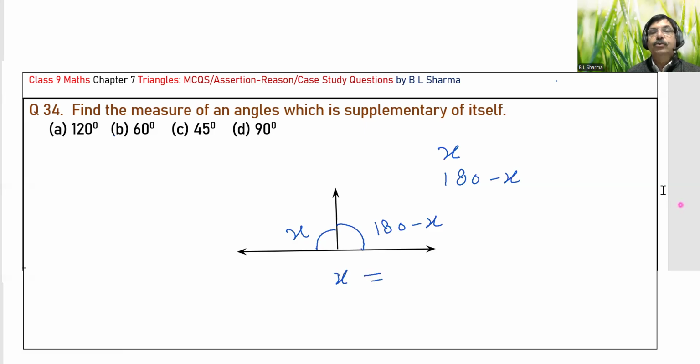So x is equal to 180 minus x. Twice of x is equal to 180. So x is equal to 90. So the measure of the angle which is equal to its supplement is 90 degrees. So D is the correct option.